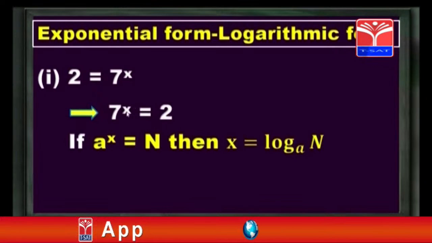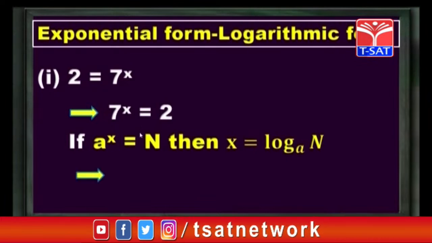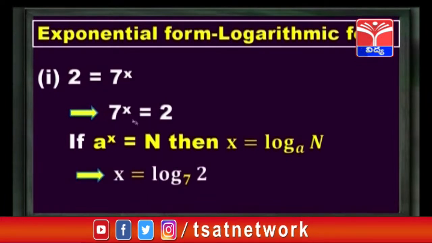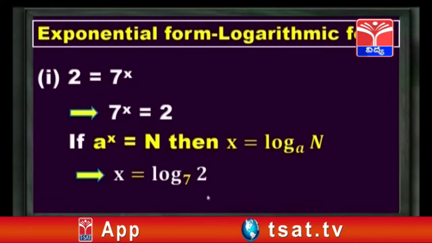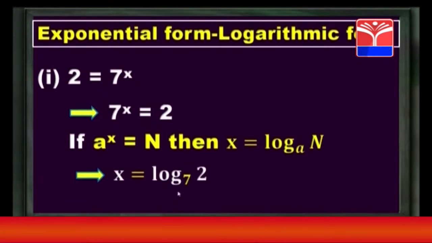The power is x. So I should write x is equal to log 2, and this base 7 will become the base of the logarithm. So we can write x is equal to log 2 to the base 7. So always we write power is equal to logarithm.